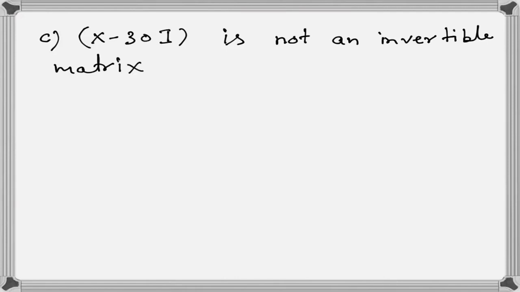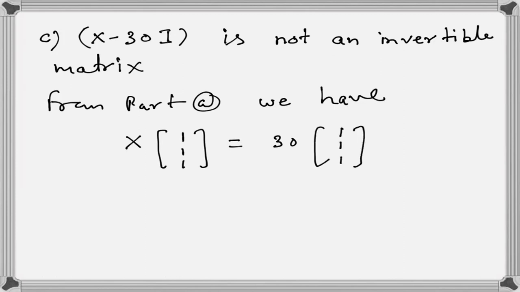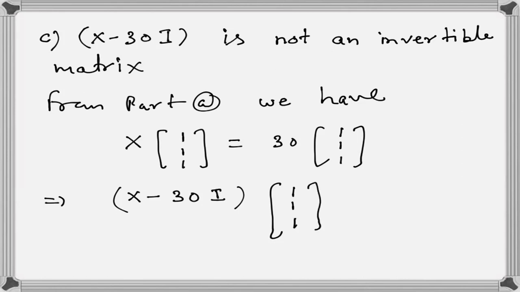Okay, so from part A we have X(1,1,1) = 30(1,1,1). Okay, so this is nothing but (X − 30I)(1,1,1) = 0.